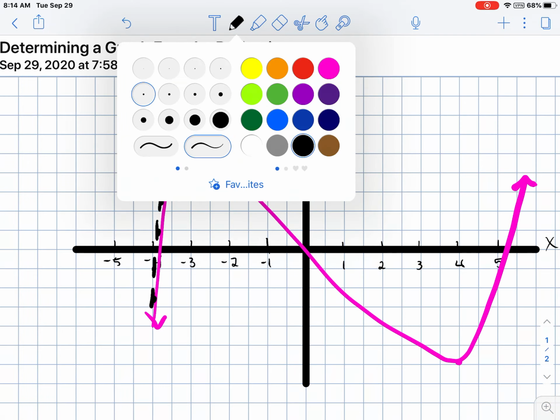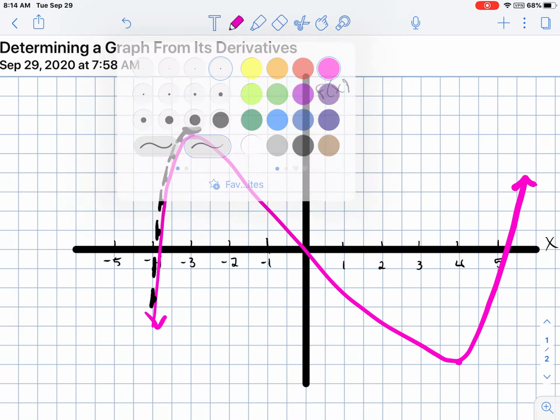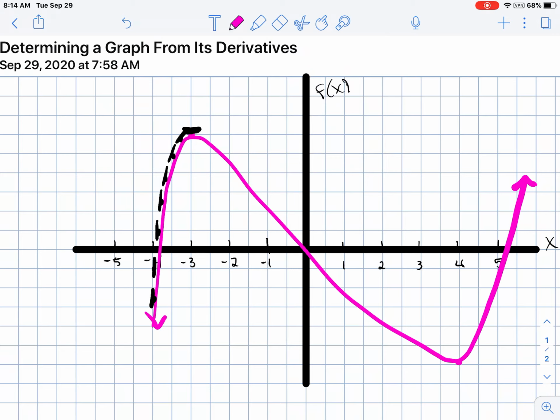So what we can say right now is that this slope is positive but decreasing. Positive slope, decreasing slope. They started out as positive numbers, but they're getting smaller and smaller, getting closer and closer to 0.